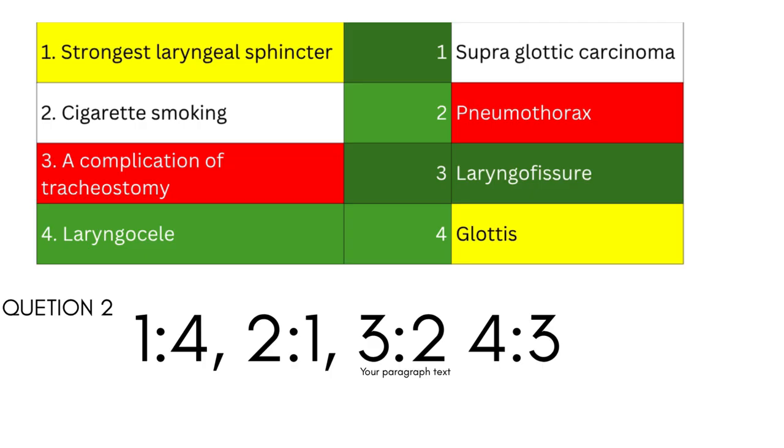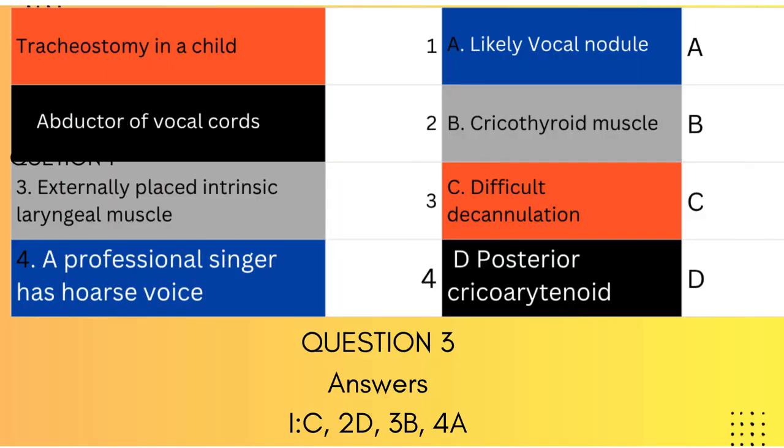So you were required to match the four parts of the column with the four parts of the second column, on the basis of any similarity you've noticed in them. The first question was, there are four questions in the column on the right hand side.